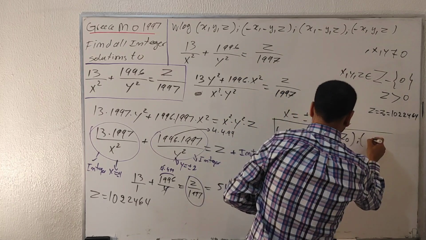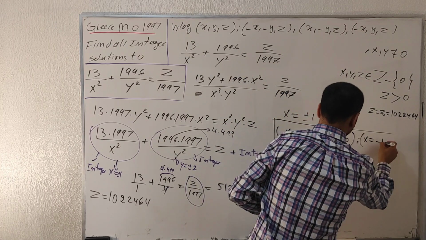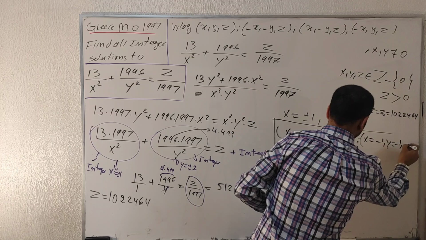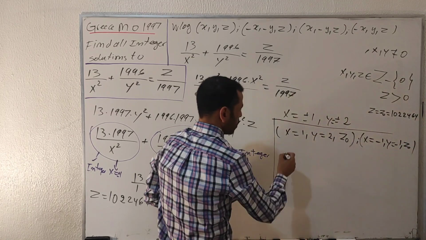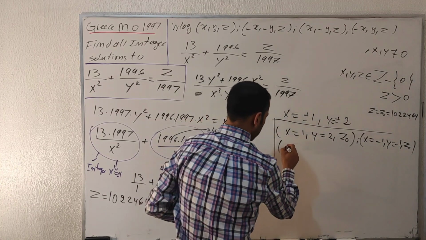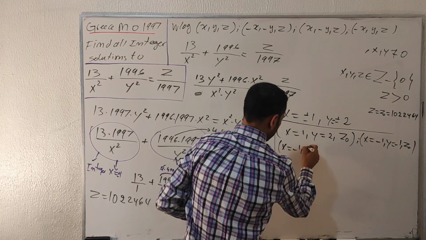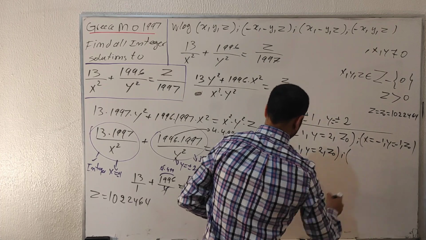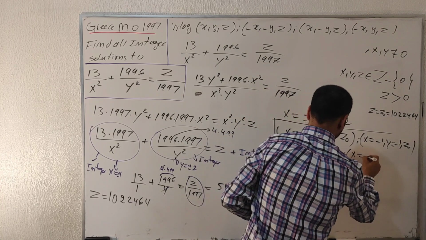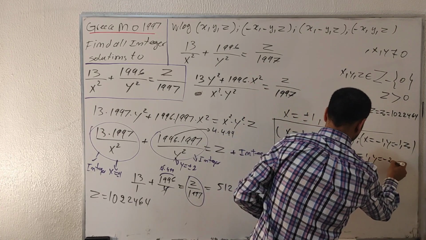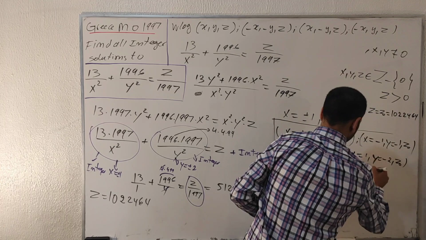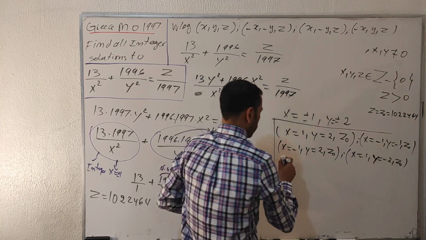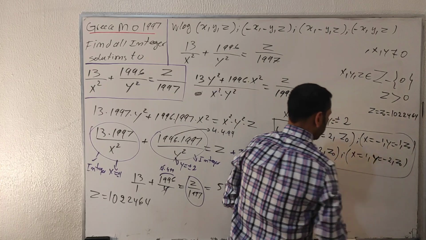The second pair: x equals minus 1, y equals minus 2, with z0. The third pair: x equals minus 1 with y equals 2, with z0. Lastly, x equals 1 with y equals minus 2, with z0. So here are the 4 pairs of solutions for this equation.